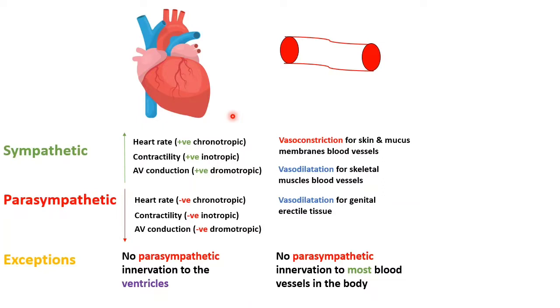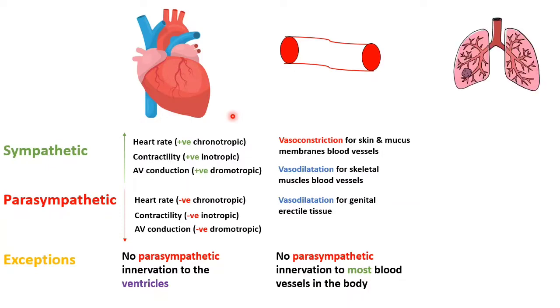Okay, so let's now move on to the third involuntary organ, and it is the bronchi. Okay, when you are in a fight, you need more oxygen, so your bronchioles dilate.